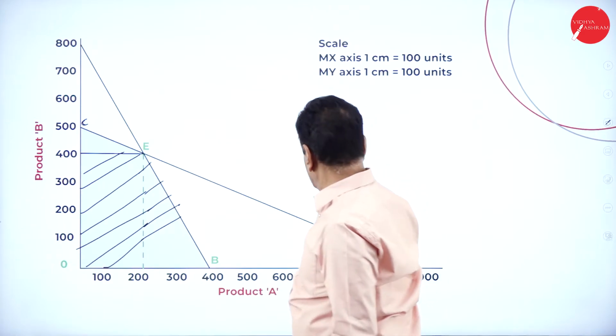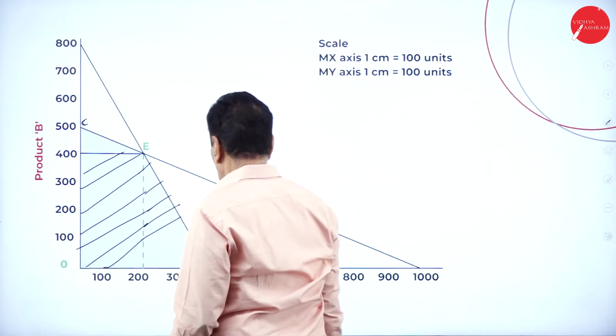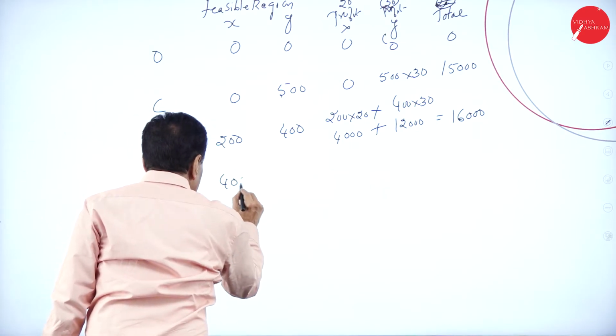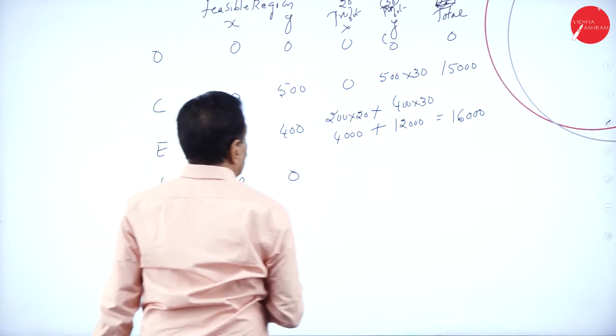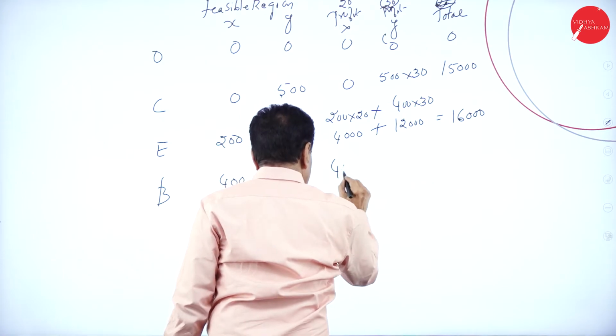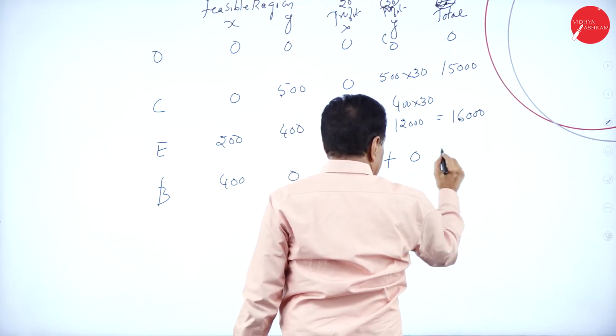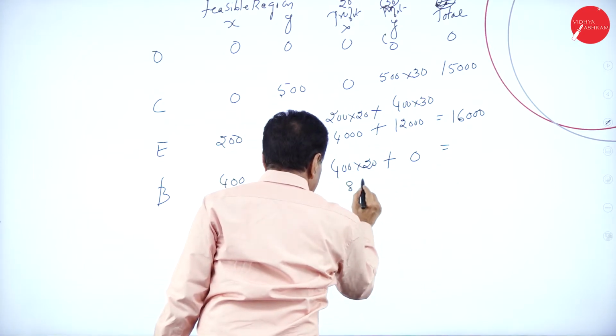Then at the point B, 400 x, y 0. So 400 into 20, this is 0. This is 8,000.